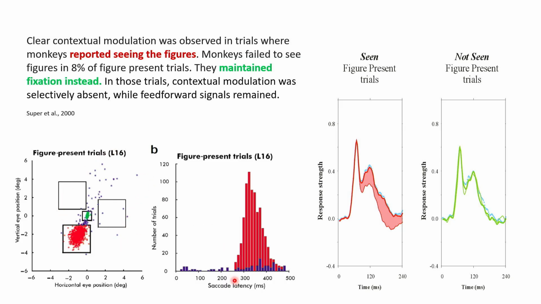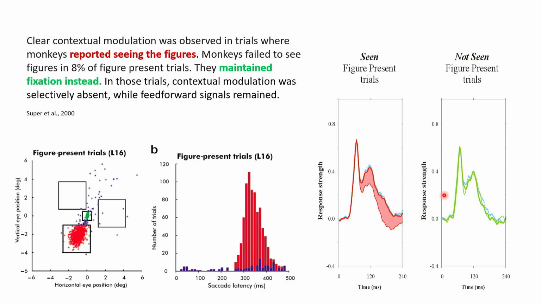The important thing being this, that the eye movements they made towards the figures always were beyond 240 milliseconds, which is a bit late actually for merely reflexive eye movements. So these were really eye movements which happened after, you could say, some consideration. But anyhow, all this activation that you see before 240 milliseconds is indeed preceding the eye movement, so it's not the eye movement itself which is causing it.